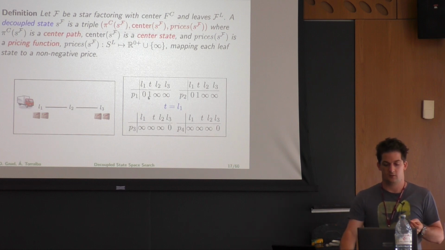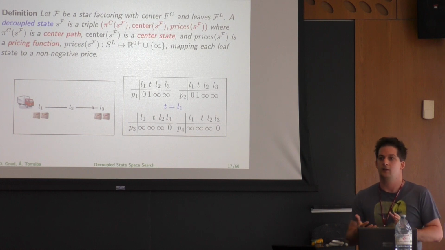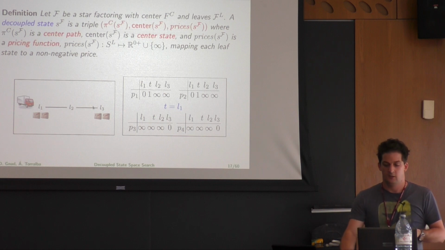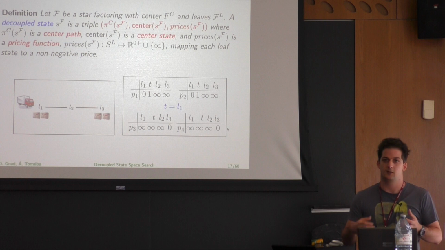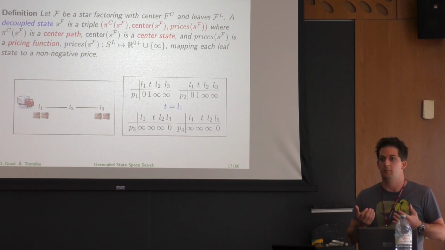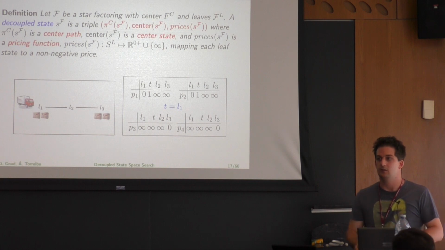Assuming unit action cost, this gives us a price of 1. We cannot have the package in location 2 or 3 just because the truck didn't do any drive yet. Without any truck movement, we cannot get the package to this position. It's just the same for package 2, and for packages 3 and 4, we cannot do anything, just because the truck is not there. So there's no possible leaf action that we can apply.